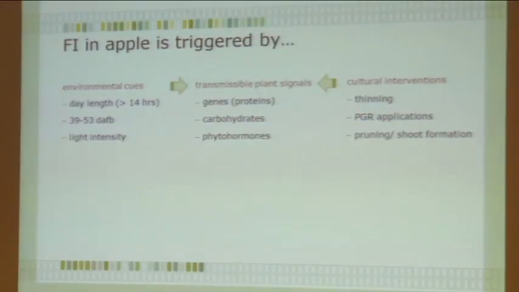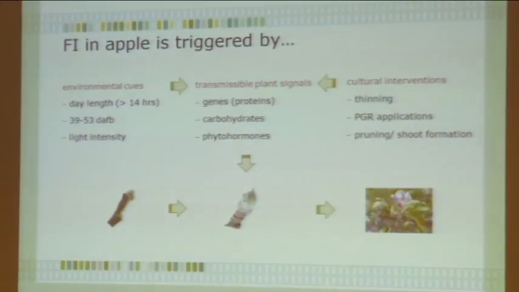Now, what happens with both groups, environmental cues and cultural interventions? They have an impact on a range of plant signals like genes or the proteins they encode for, carbohydrates and phytohormones.